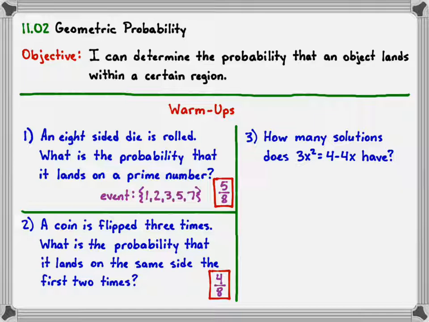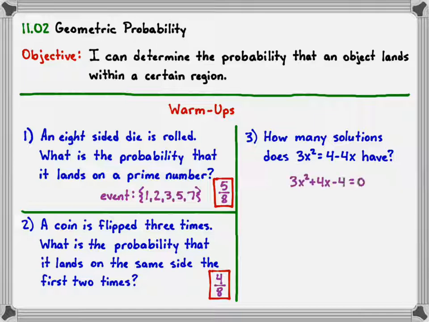For number 3, it says, how many solutions does 3x squared equals 4 minus 4x have? Well, remember this looks like a quadratic, because we have an x squared. We can either get 2 real solutions, 1 real solution, or 2 complex solutions, and that is dictated by what we call the discriminant.